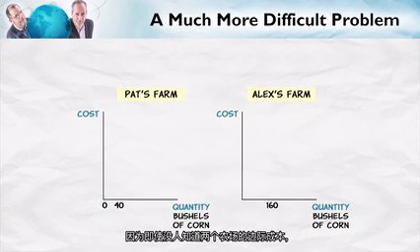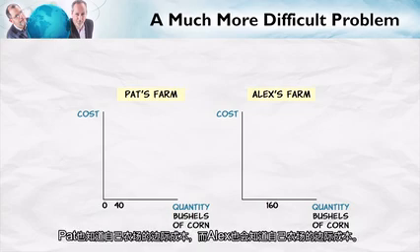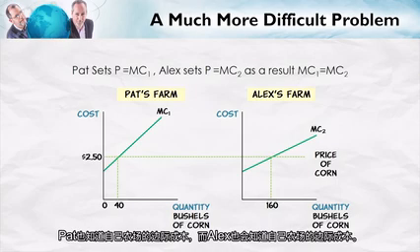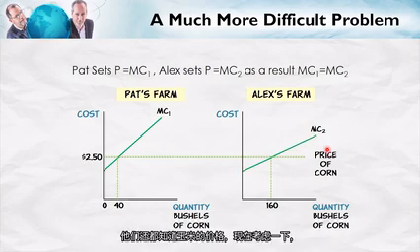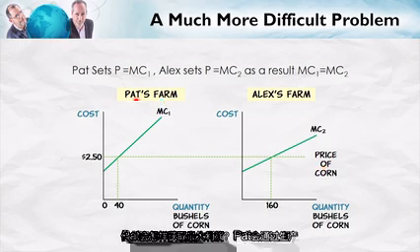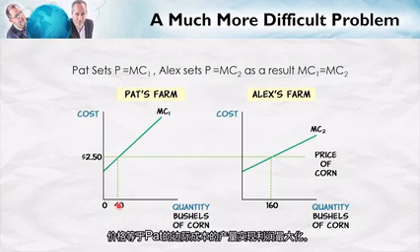Because even though nobody knows the marginal cost on both of these farms, Pat knows the marginal cost on Pat's farm. Alex knows the marginal cost on Alex's farm. And both of them know the price of corn. Consider, how does Pat profit maximize? Pat profit maximizes by choosing to produce that quantity such that price is equal to Pat's marginal cost.